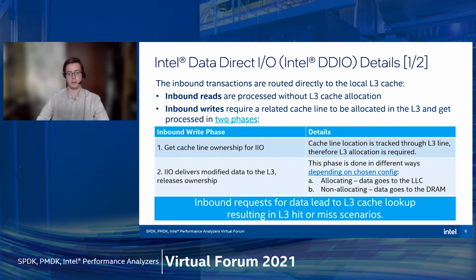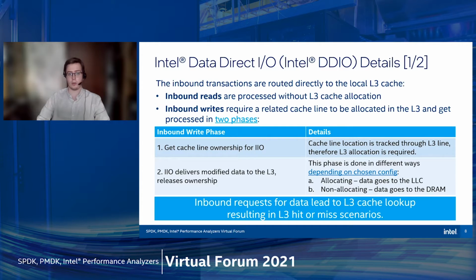So when an inbound read comes to the local L3 cache, the L3 cache lookup happens, and there might be two different cases. We may hit the L3 cache or miss, and if we hit the cache, meaning that this data is already cached in the local socket, then it is just passed to the IO controller and then to the device.